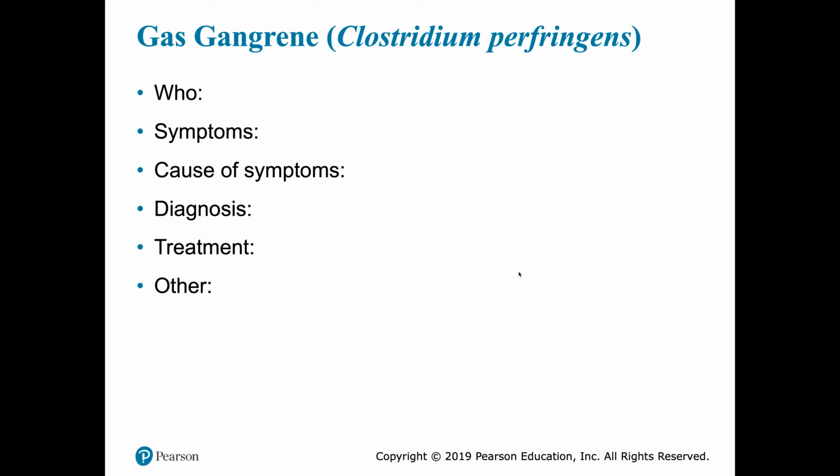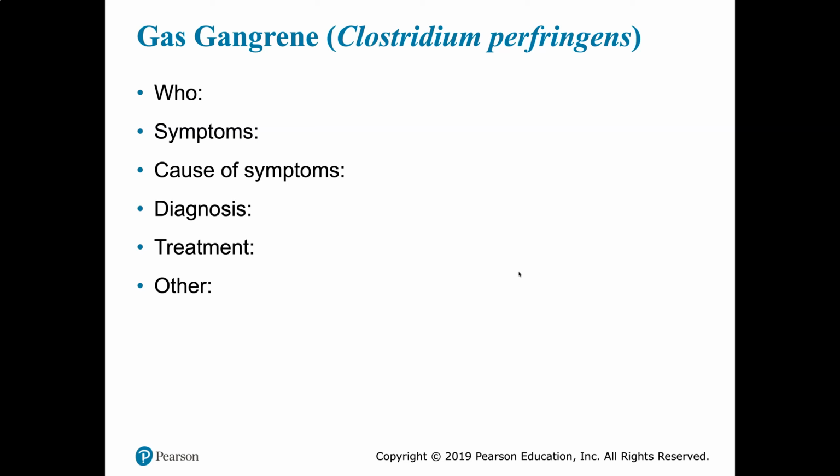Treatment, as I've mentioned already, is debridement, and then treatment with antibiotics. You're going to want to be really aggressive with this and give IV antibiotics. Also, when they debride the wound, they constantly flush it with normal saline, and in some cases directly with an antibiotic.